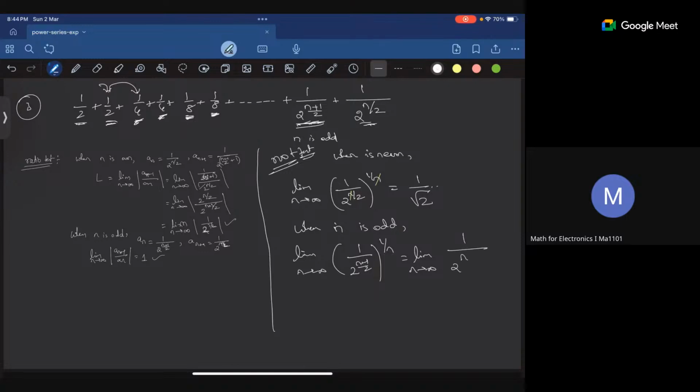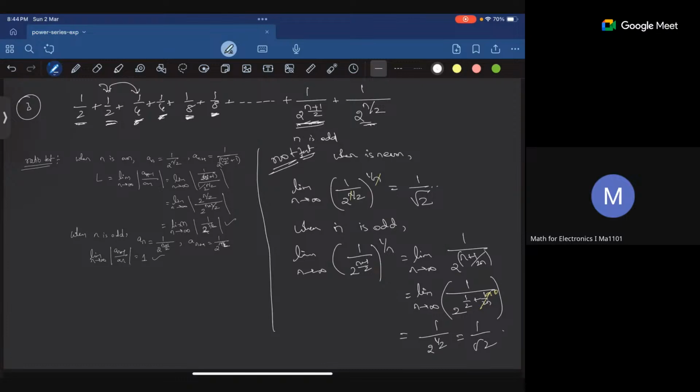So 1 by n goes into the power, it will become n plus 1 by 2n, and limit n tends to infinite. This will be 1 by 2. If you divide, you will have half plus 1 by 2n. Now when n tends to infinite, this term will go to 0. So you will have 1 by 2 power half, which is 1 by root 2.